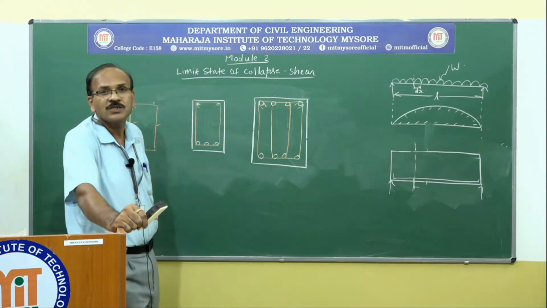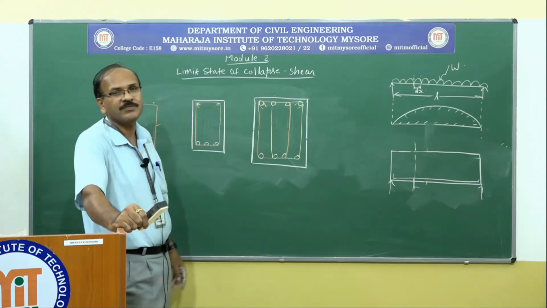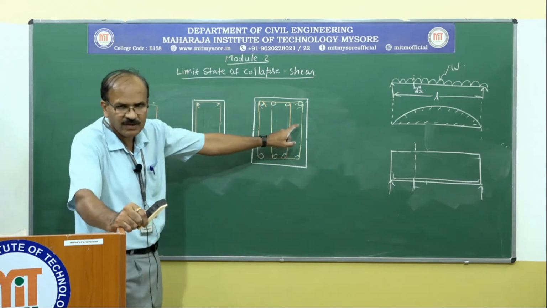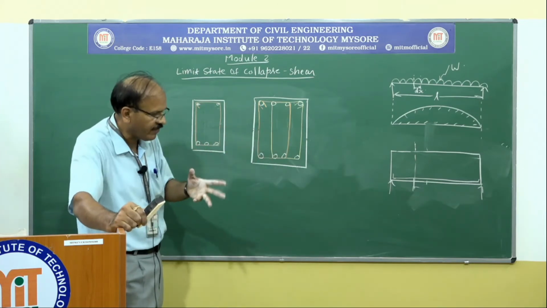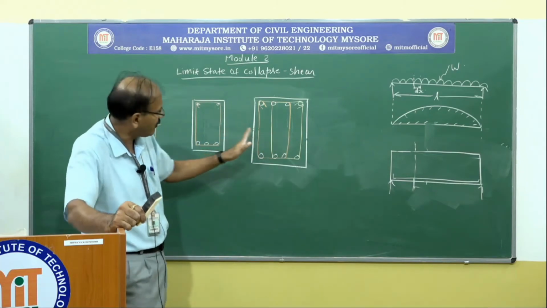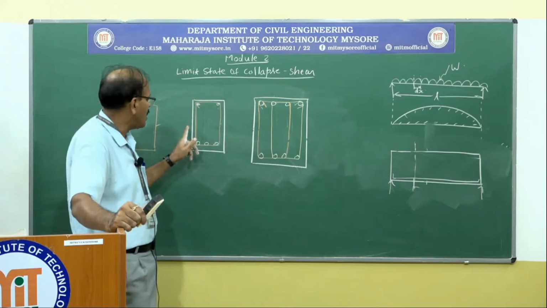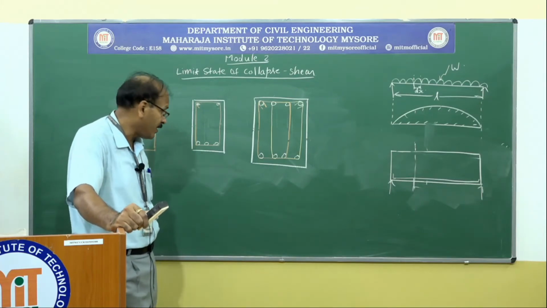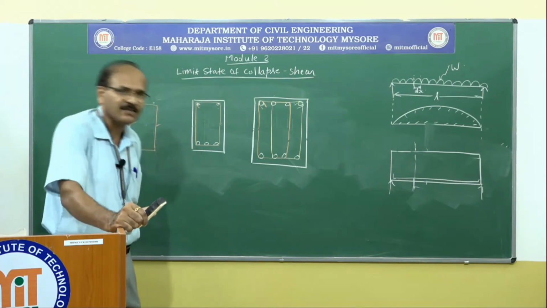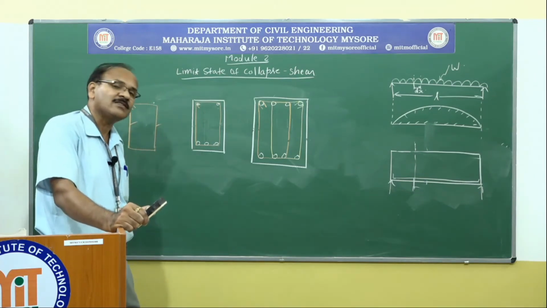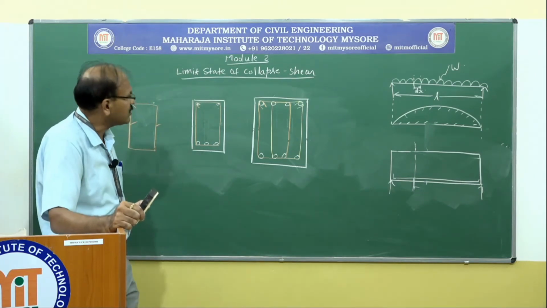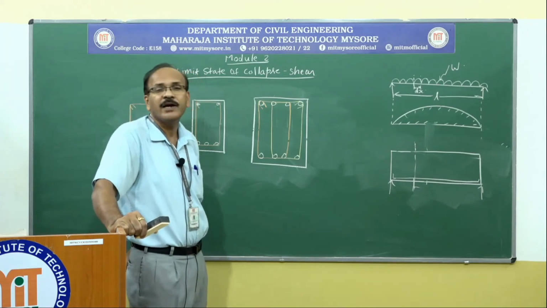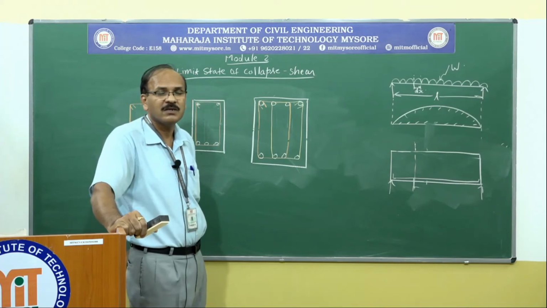Here in this case, this is 2-legged stirrups. And this will carry more shear because we have 4 legs. Whether we provide 2-leg stirrups, 5-leg stirrups or even 6-leg stirrups depends on the size of the beam, and also on the design requirements.